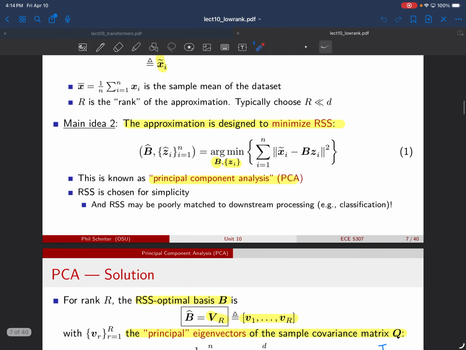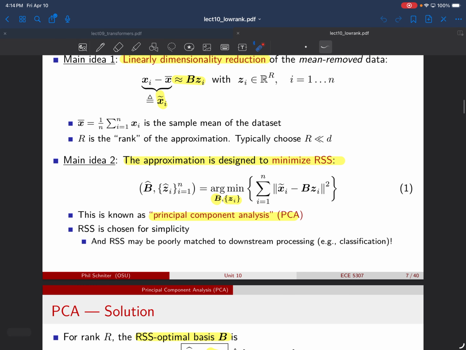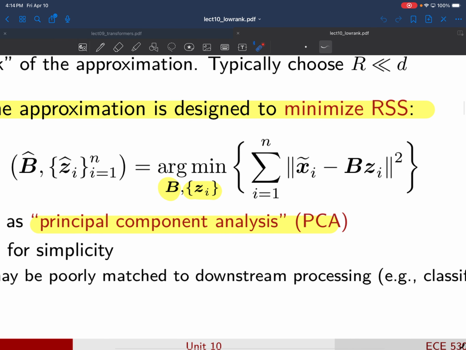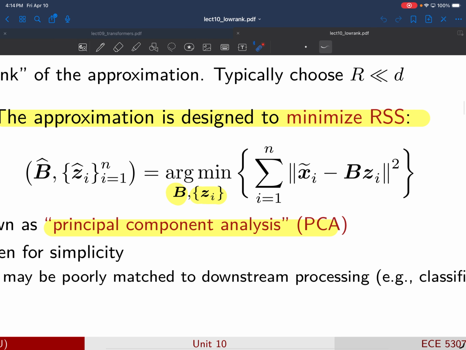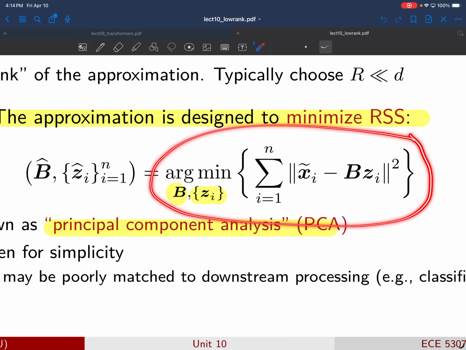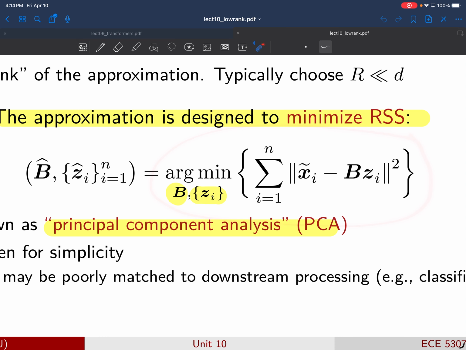Let's come back to our RSS. Here's the optimization problem. For any fixed B, we want to find the set of Zi's that minimize this sum of Euclidean norms squared. And if you look at this, it actually decouples over each i.